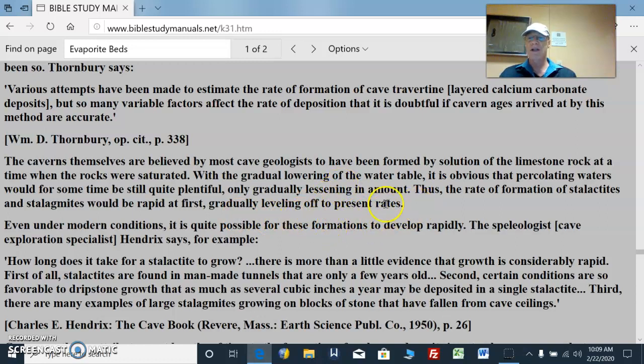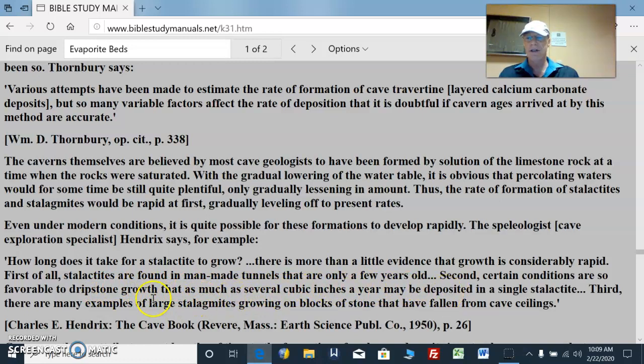Even under modern conditions, it is quite possible for the formations to develop rapidly. The speleologist, the cave exploration specialist, Hendricks says, for example, how long does it take for a stalactite to grow? There is more than a little evidence that growth is considerably rapid. First of all, stalactites are found in man-made tunnels that are only a few years old.